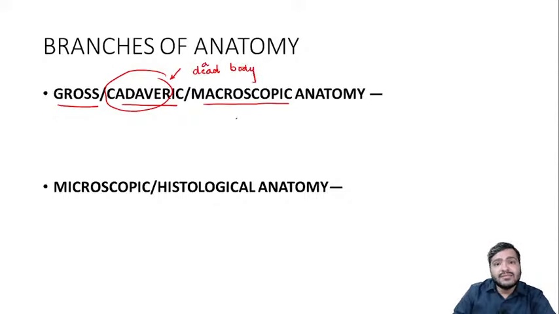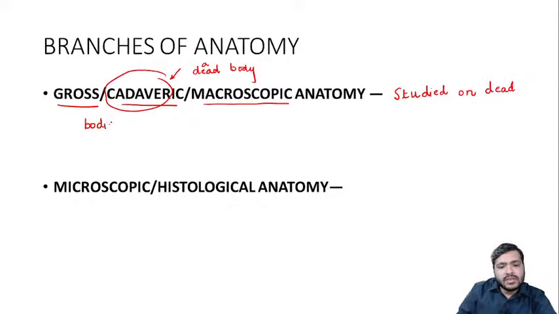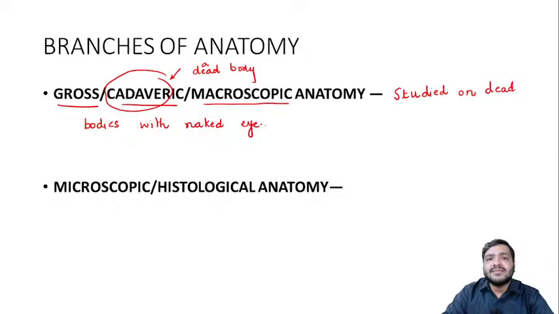And remember, this type of anatomy is studied on dead bodies, with the naked eye. In my online classes on Zoom, I showed you pictures of the heart and lungs of a dead body. So cadaveric or macroscopic anatomy means studying the parts or organs of dead bodies with the naked eye.